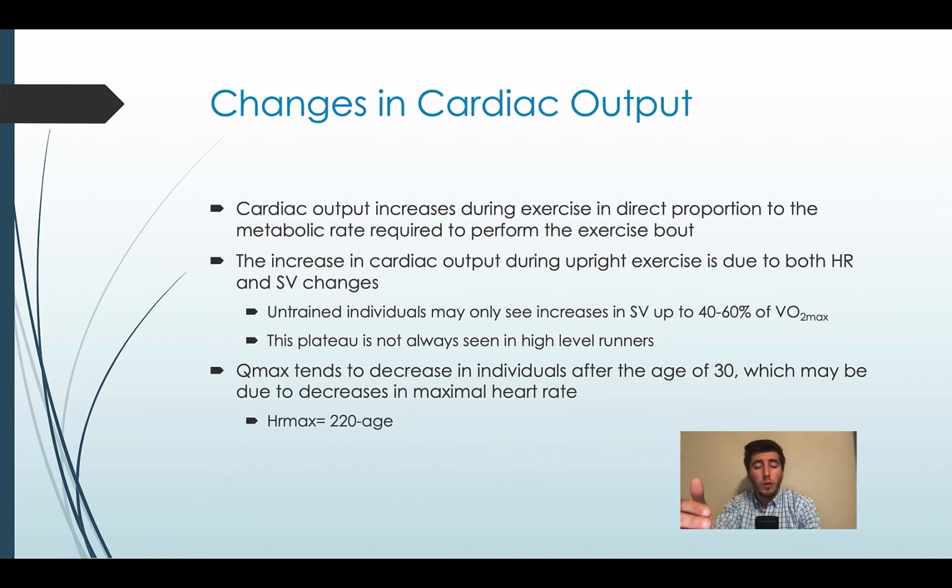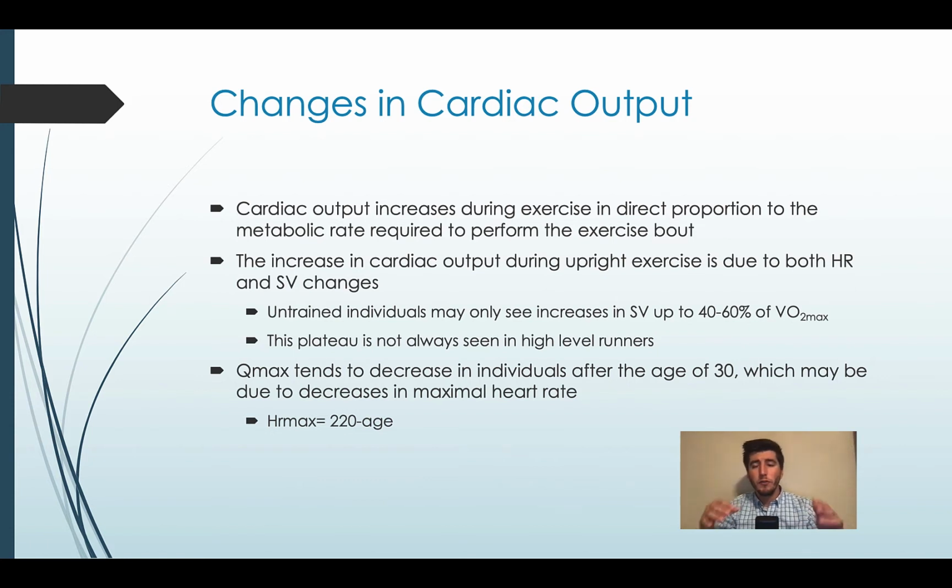As exercise increases, the metabolic rate increases, and the cardiac output also increases to match the oxygen demand, to match the ATP demand. As we're redirecting blood flow, we're going to have to increase our cardiac output to match the needs of the activity, to match the muscular needs.